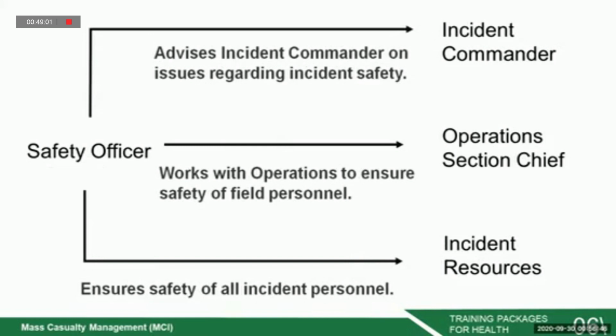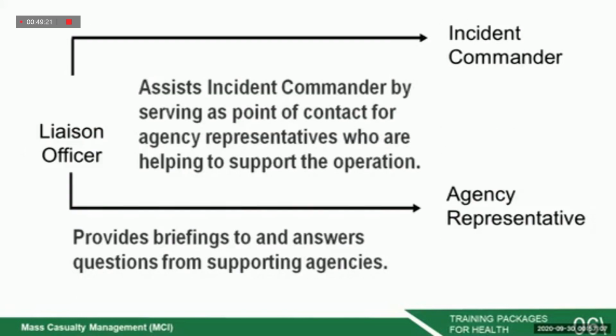The safety officer is responsible for any measures with regard to incident safety. He or she must ensure the safety of your field personnel and of all incident personnel. The liaison officer assists your IC and serves as a point of contact for agency representatives who are helping to support your operations.